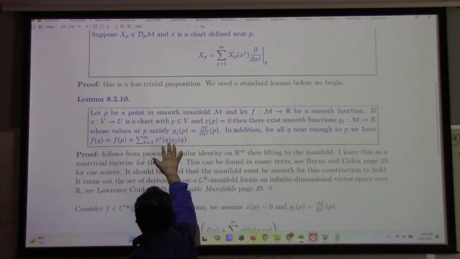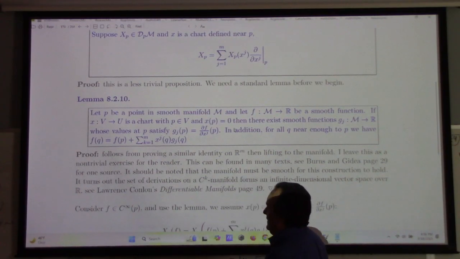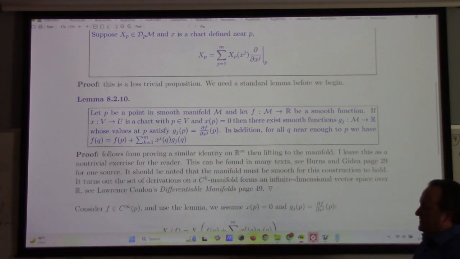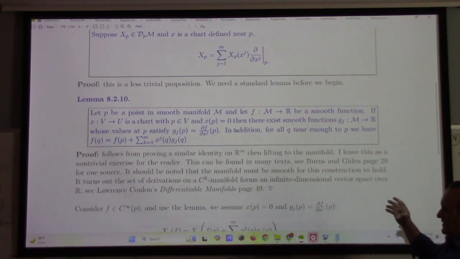It's not exactly the tangent line expansion, but it's analogous to it, except instead of constants, you've got functional coefficients, which we're using the G_j to denote. Again, I don't even have a proof of it in here.